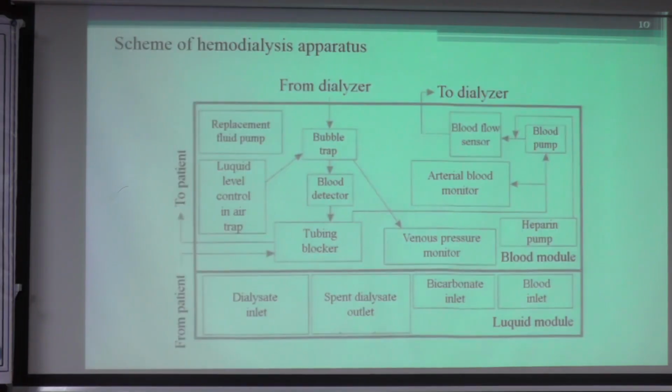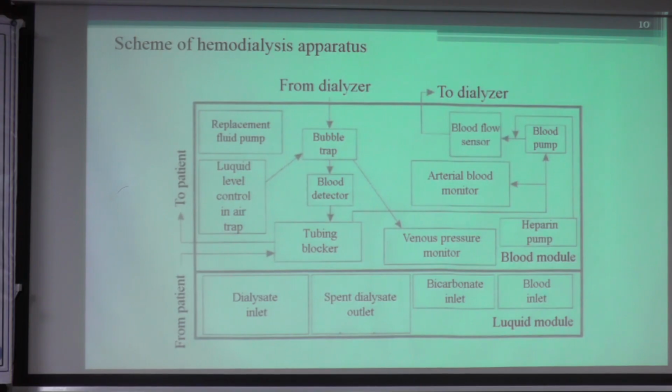Yes. Sir, for the bubble trap, you have drawn a venous pressure monitoring system like this. So what is the relation between these things? Yeah, there should be at least some detector that can detect bubbles in case our bubble trap did not work properly.